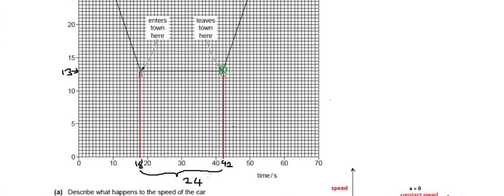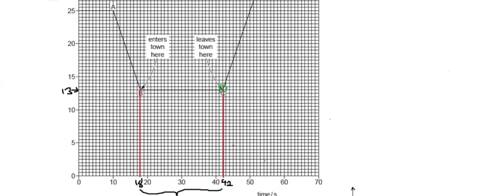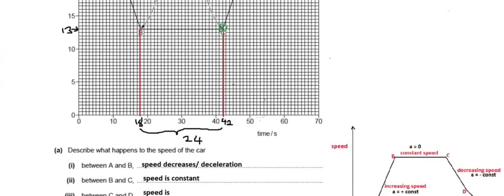So here the initial time is 42, and the final time with respect to point D is about this point, which is equal to 54. So the change in time from C to D is 54 minus 42, that is coming out to be around 12 seconds.